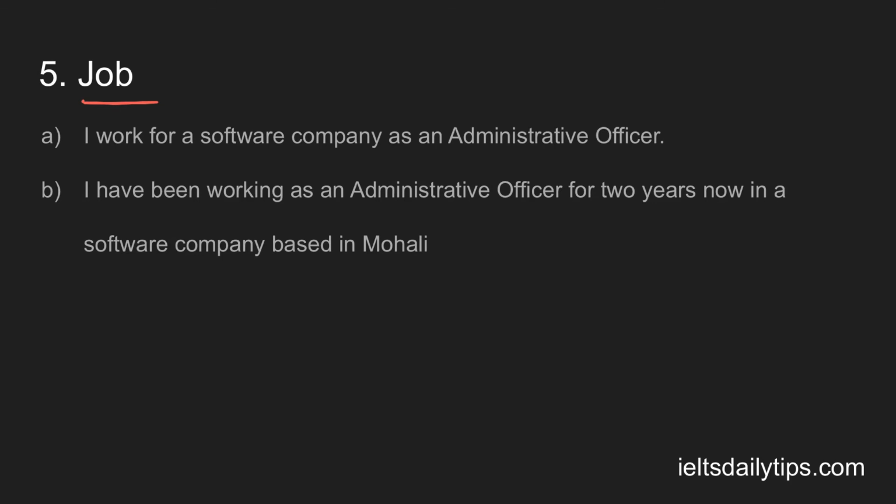The first one is, I work for a software company as an administrative officer. Or the other way of saying is, I have been working as an administrative officer for 2 years now in a software company based in Mohali. So in this, I have talked about my designation and the place where the company is located, and I have also talked about how I have been working there for 2 years.